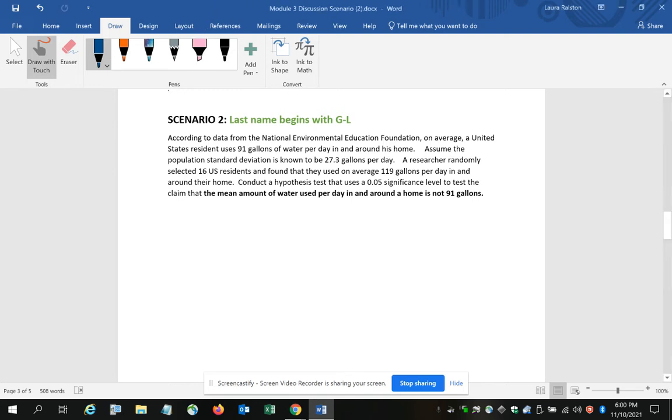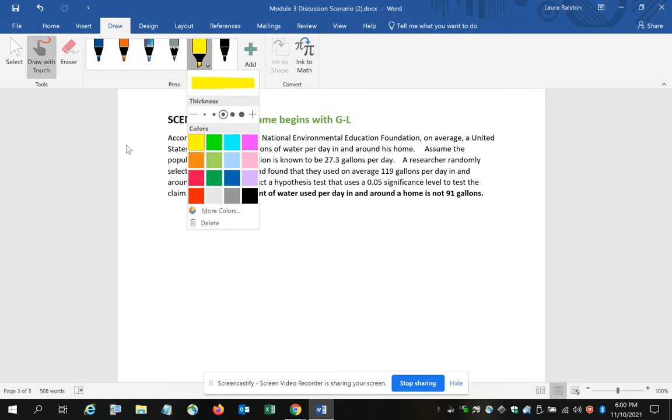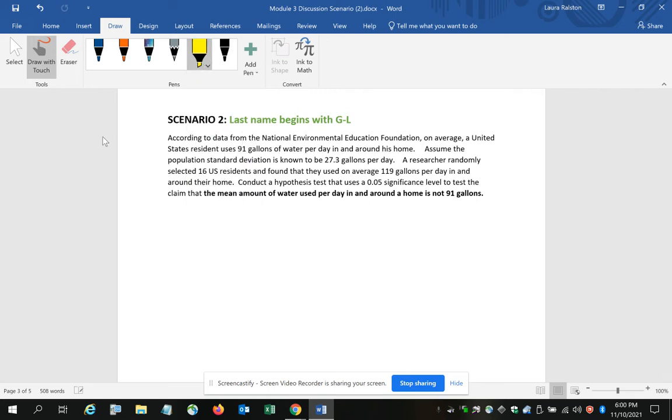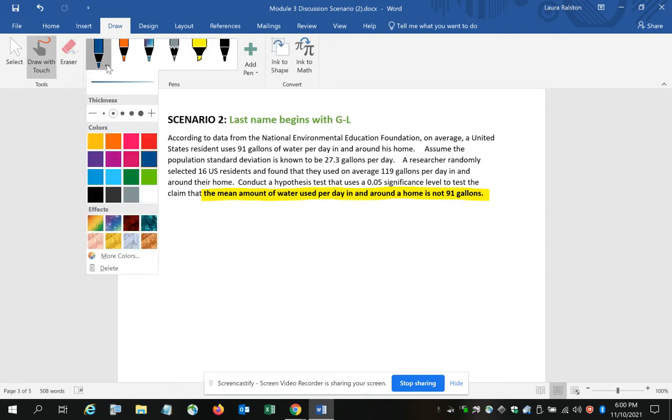Now here again, one of the first things you have to do is to identify your hypothesis. Again, looking for words like claim, believe, think. So again, I tried to help you out by highlighting it in bold, and again, it's typically near the end of the question.